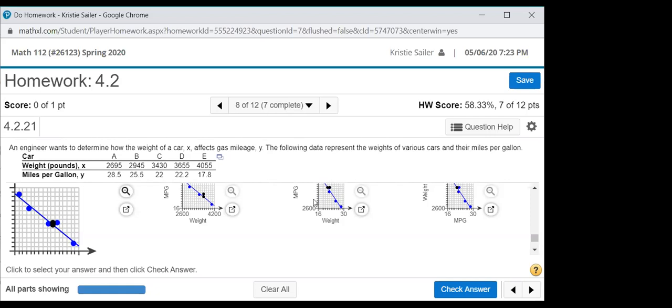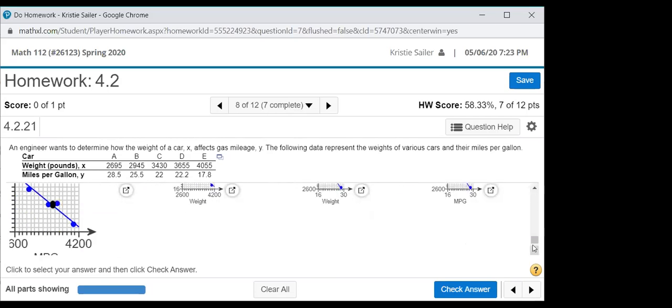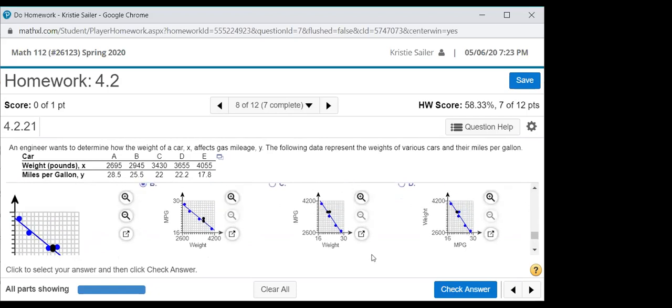The two in the middle are bad for that reason, so it's not going to be B or C. Weight is on the bottom, so B could be an option. The ones that have weight on the x-axis are going to work. The ones that don't, like D, are wrong. The last two are wrong, C and D. The only two that are going to work are the ones in the middle.